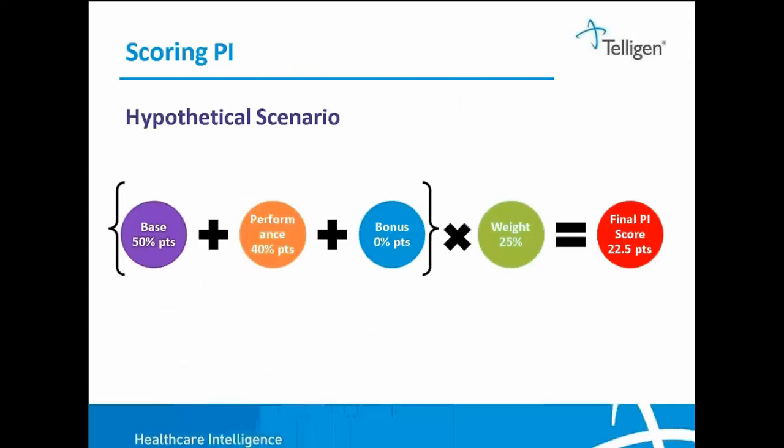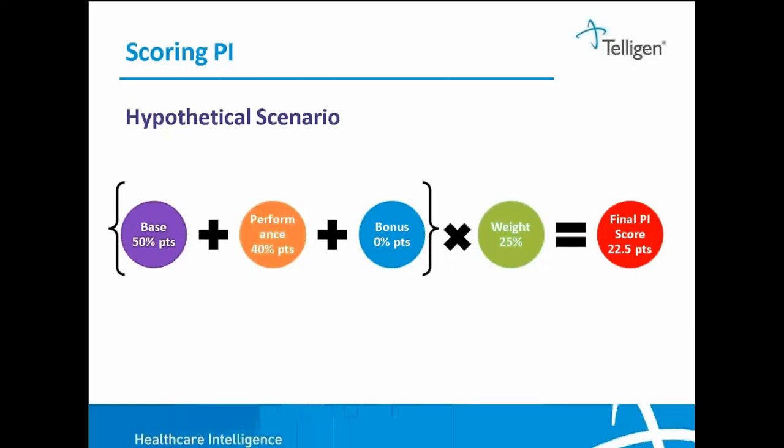So let's just do a quick hypothetical scenario. This eligible clinician reported on all the base measures and they received 50 percentage points for that because they passed it. So they automatically got the 50 base measure points. And for the performance category, they received 40 percentage points out of a possible 90. And then they did not submit any bonus category points.